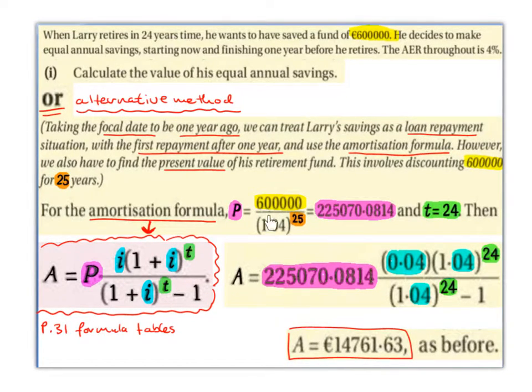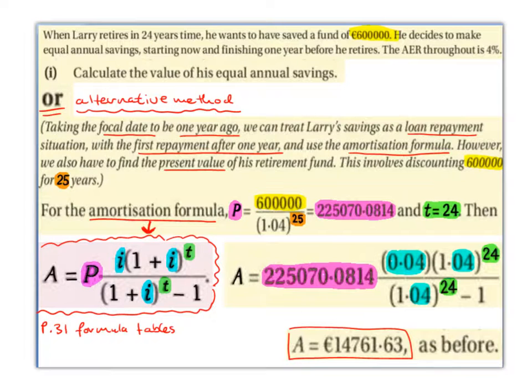The 1.04 is 1 plus the 4%, and the 25 is 25 years. So we're discounting 600,000 for 25 years. That's why we're dividing. So we're going backwards, whereas if we were growing, we would be multiplying.